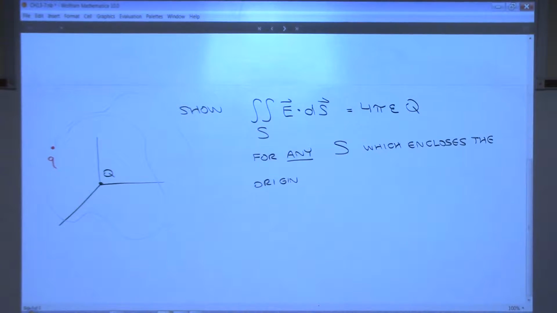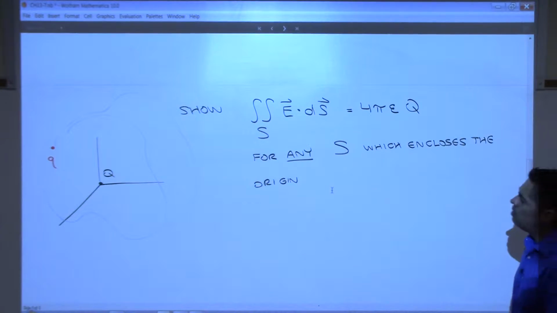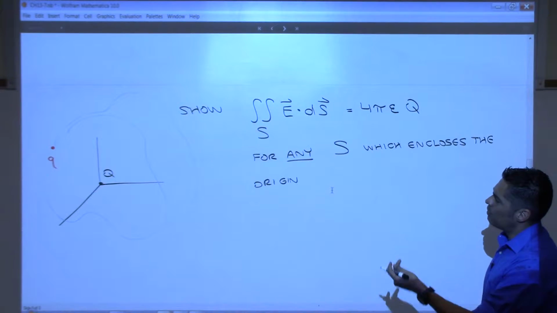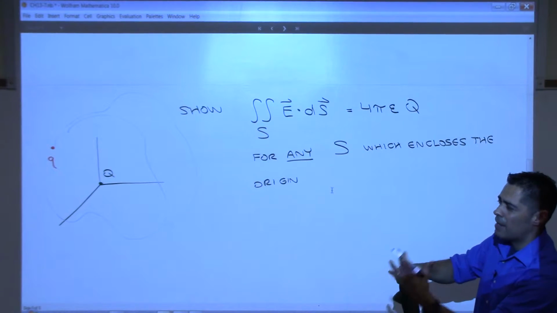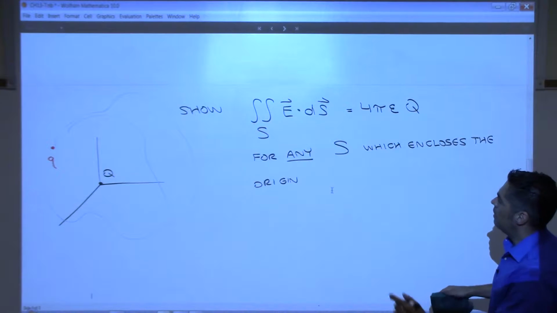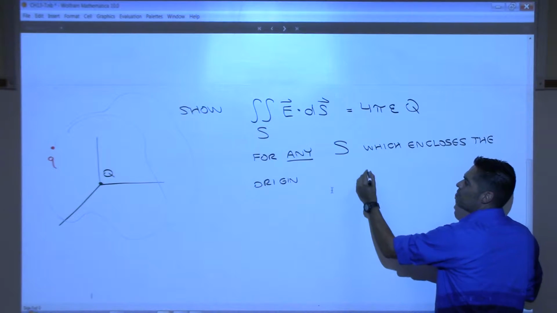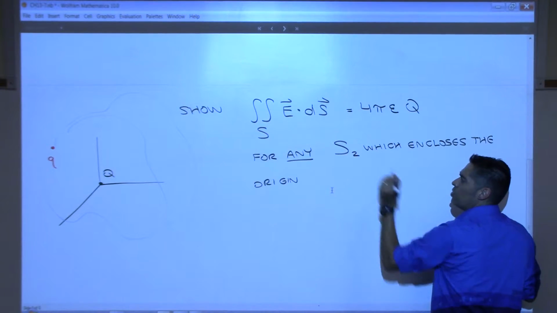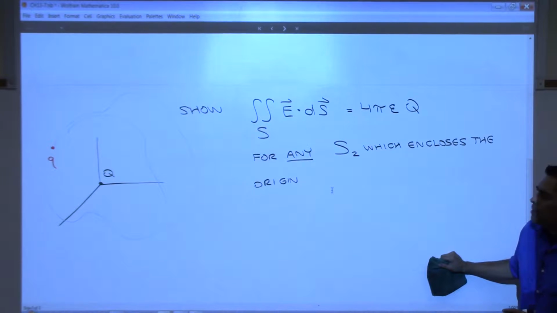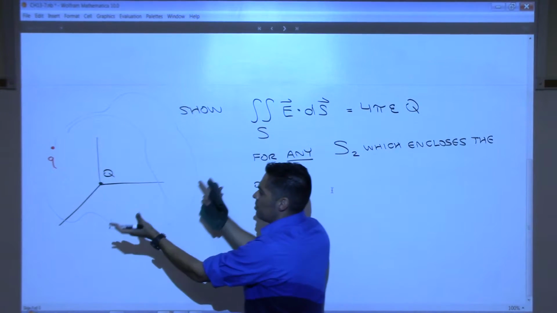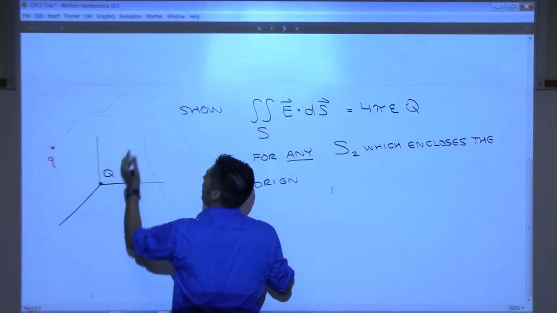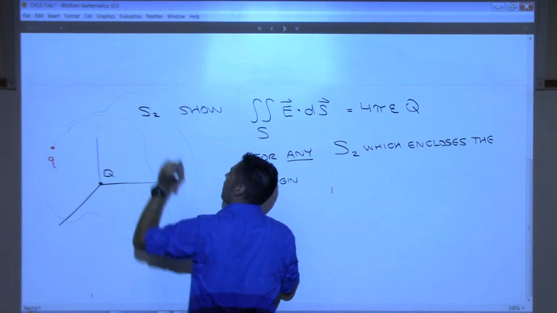All right, so the first thing I'm going to do, here's my picture. I want us to call this surface right here, just to make it easy to go back and look at what we drew a second ago. Let's call this right here S2. All right? So this surface that encloses our origin point, this is S2.